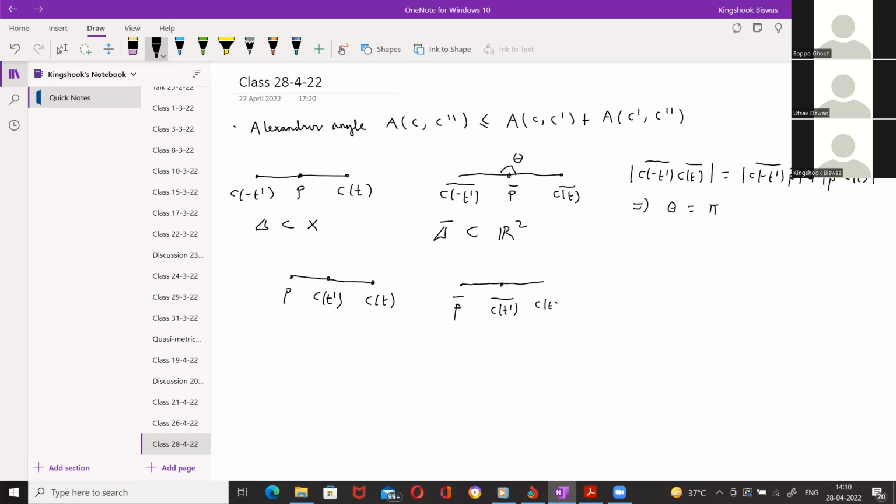In this case I have P bar, C(t') bar, and C(t) bar, with equality in the triangle inequality going this way. So the angle at C(t') bar is pi, which implies the angle at P bar is 0, right?